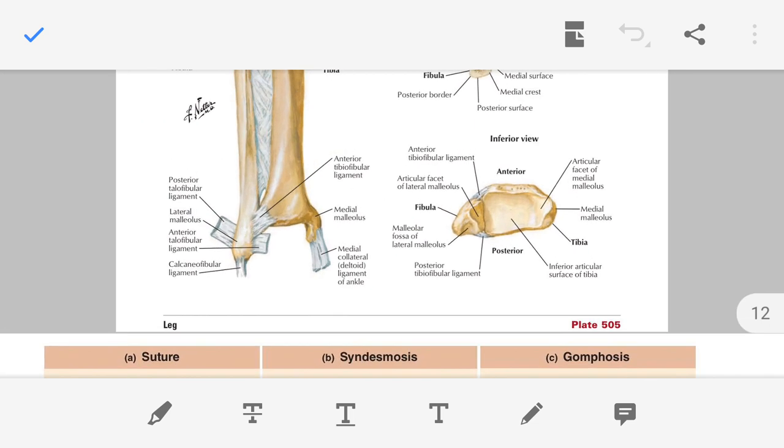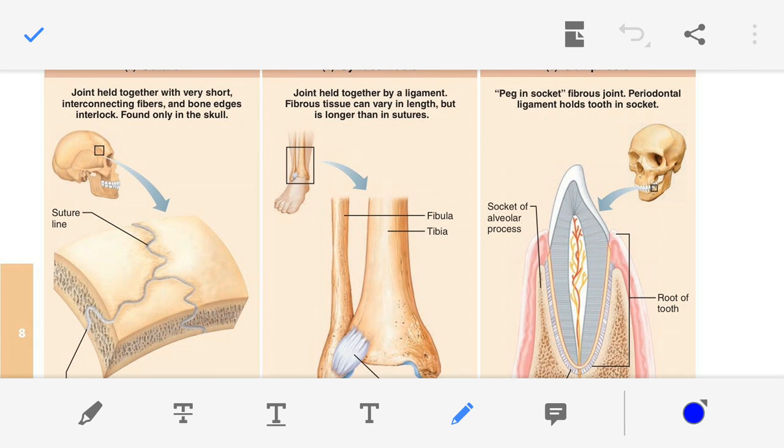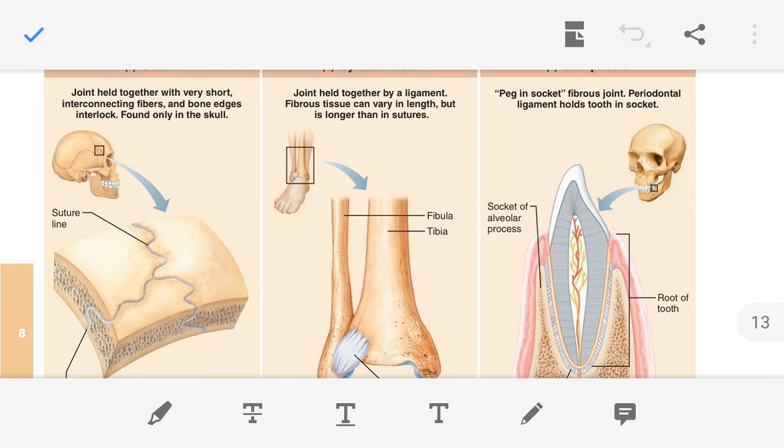What are these ligaments doing? See, the joint is held together by a ligament. So here there is a syndesmosis joint, and this joint is held together by this ligament. Due to the presence of this ligament, the interosseous membrane is not going to be torn up. It will remain as such.